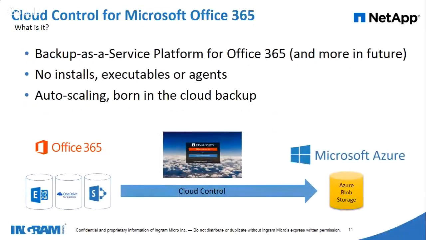So Office 365 is one of the most popular email hosting services that people use today. NetApp Cloud Control, or NetApp as a company, is very well known for their storage devices, and hence they have come out with a product called Cloud Control, which integrates with Office 365. And the best part is you can also integrate Microsoft Azure, which provides a storage solution.